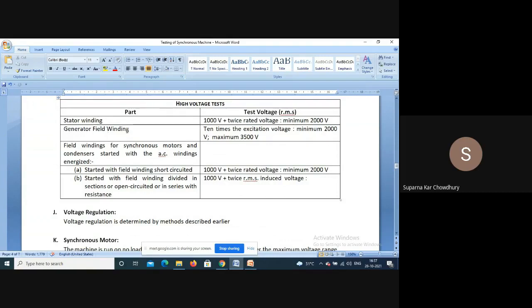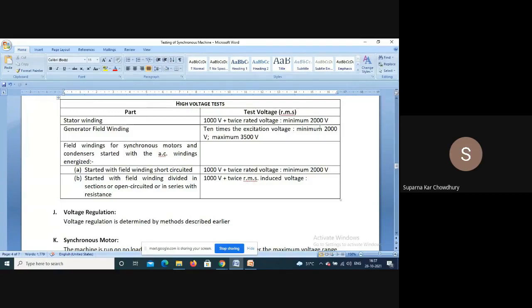Then for the generator field winding, it is 10 times the excitation voltage. Minimum is 2000 volt, maximum 3500 volt. Note that this is 10 times the excitation voltage. We have discussed that when the field winding is open, there is always a probability of high voltage being induced in the field winding, because the field winding has a large number of turns.